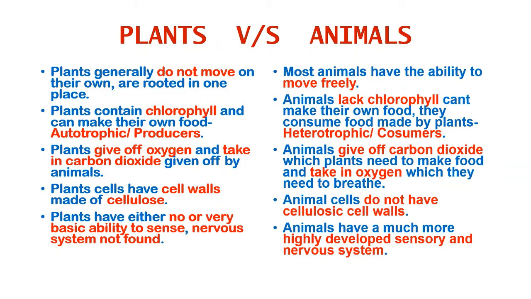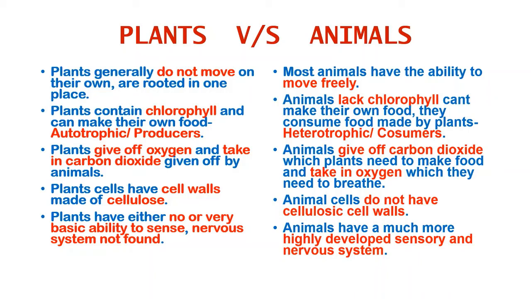Now, let us consider the basic differences between plants and animals. As you know, plants generally do not move on their own. Most of them are rooted at one place, whereas most of the animals can move. They have some locomotory organs.